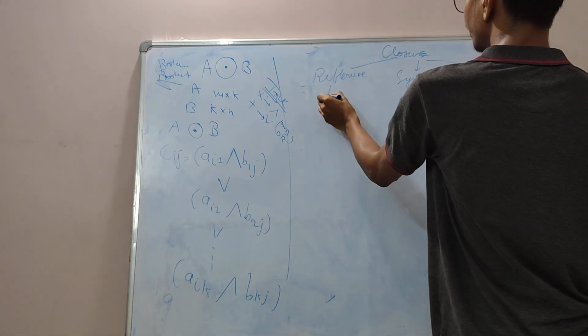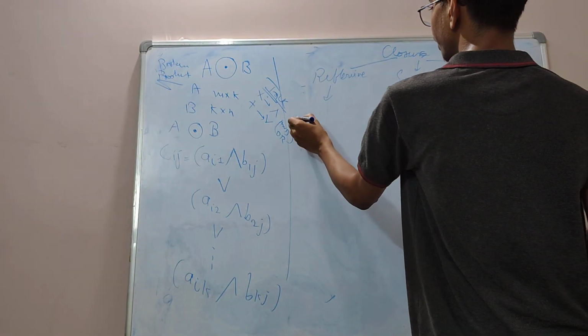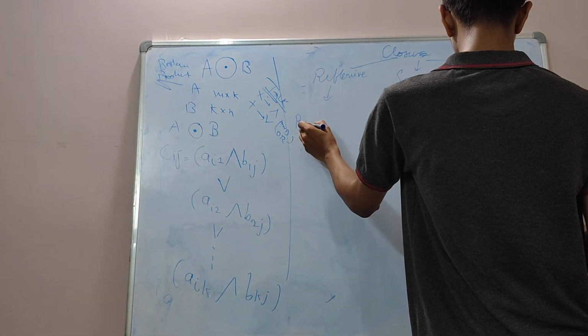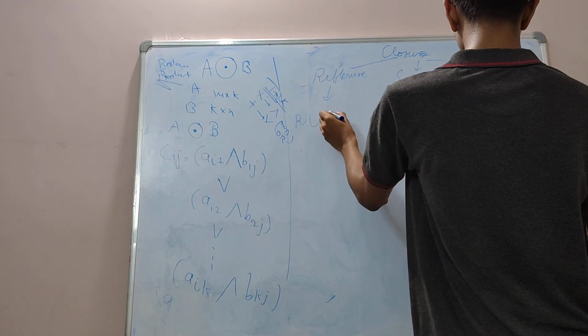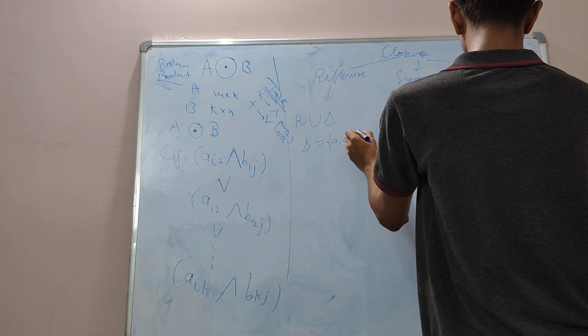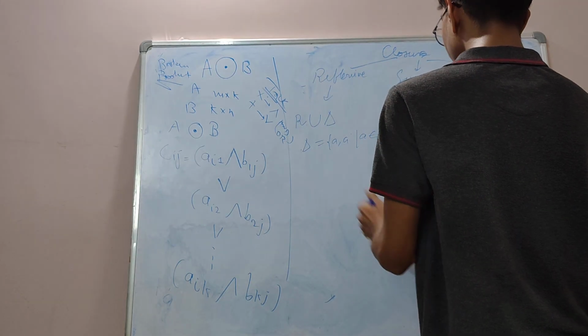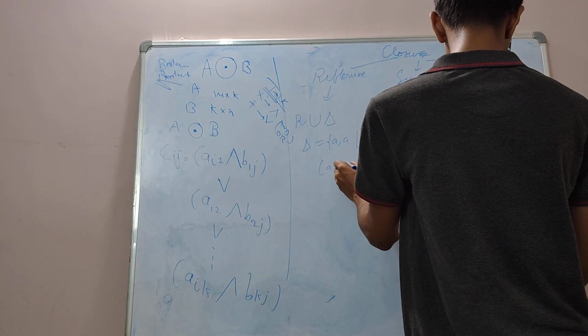In reflexive closure, every element must be related to itself, right? So reflexive closure will be R union triangle, where triangle is (a, a), where a belongs to set A. So I will just add all (a, a) pairs that are missing.